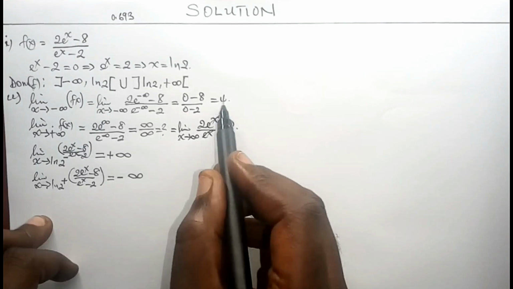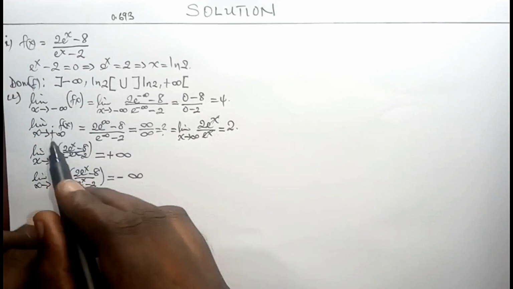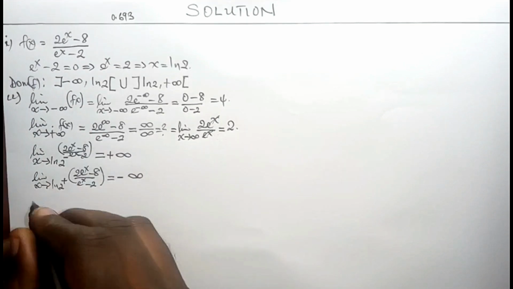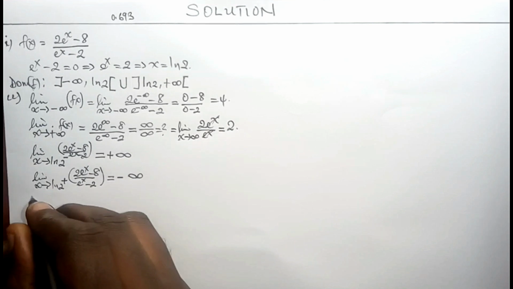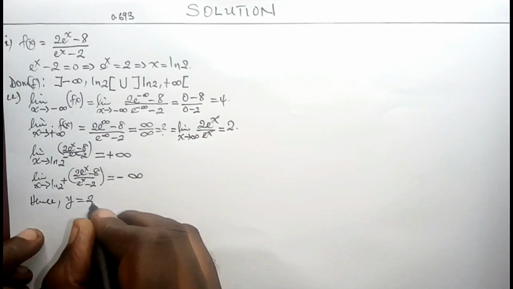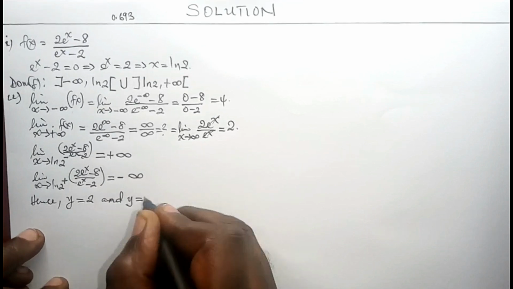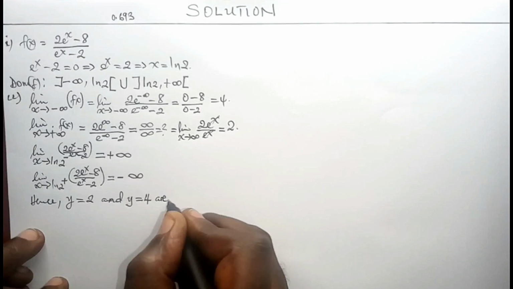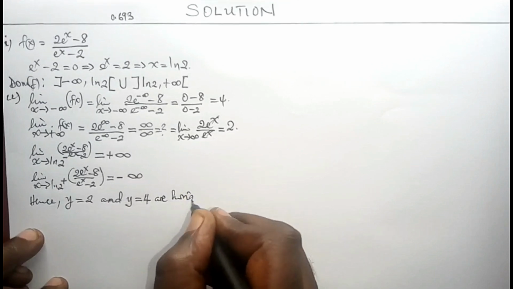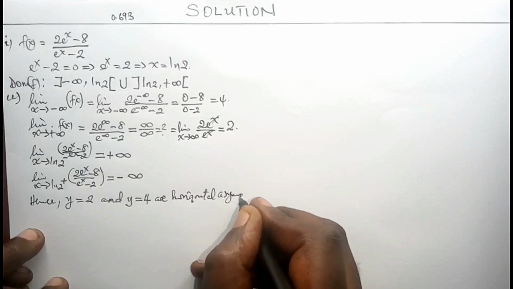So we had 4 for the case of tending to negative infinity and 2 for the case of tending to positive infinity. So we can say hence y equals 2 and y equals 4 are horizontal asymptotes.